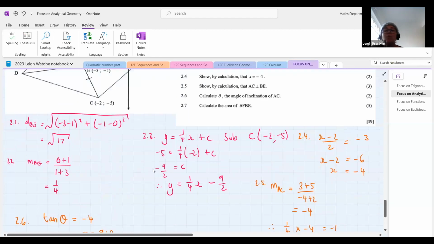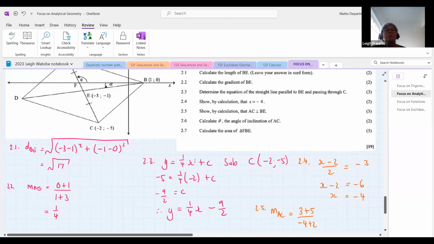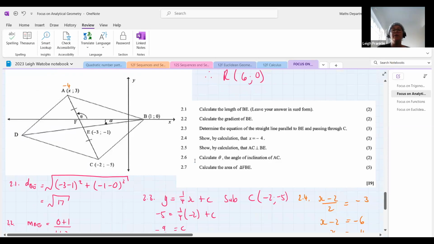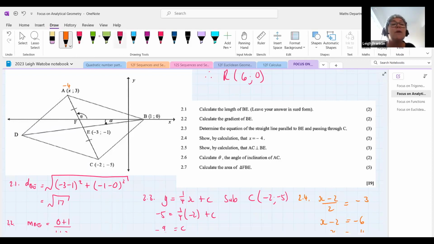All right, so now we can tackle this last monster question, calculating the area of triangle FBE. So let's just highlight this triangle for ourselves. And there it is. Okay, so how do we calculate the area of a triangle?